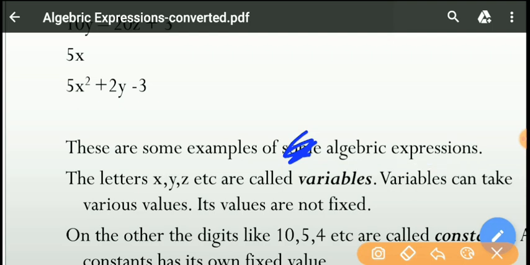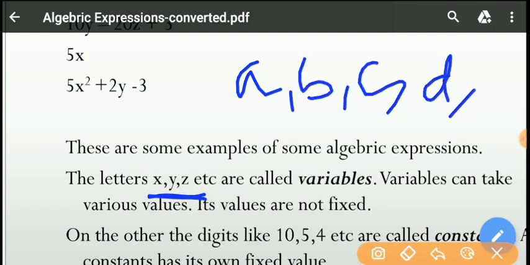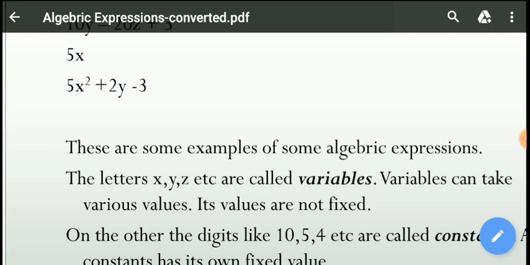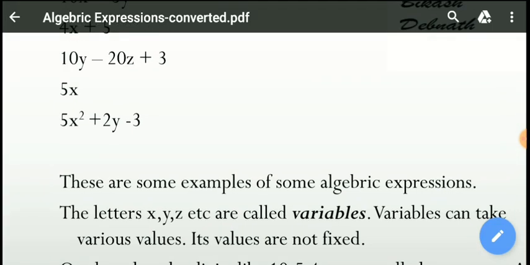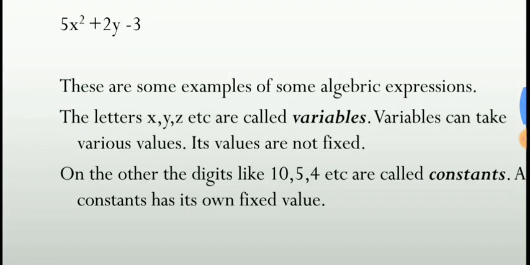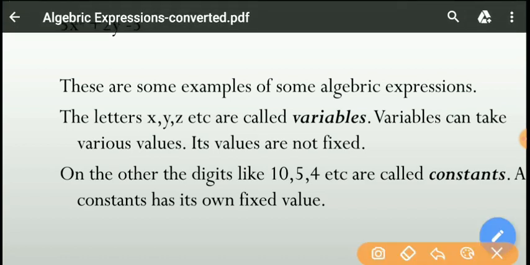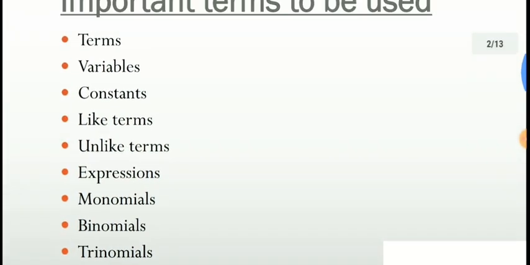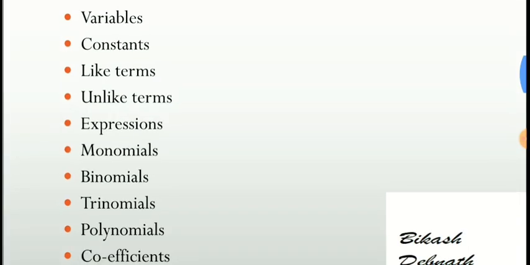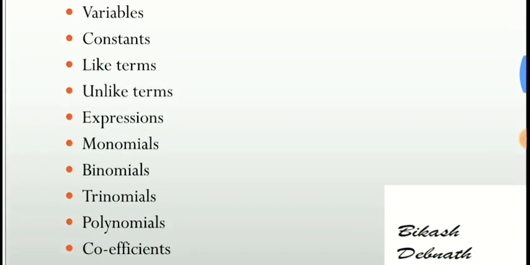So very good. The letters, basically this x, y, z, or you can take a, b, c, d, whatever. Note that we always use lowercase, small letters. That means the letters x, y, z, etc. are called variables. So I told you the terms that we are going to use. The first term that we have got here is expressions, which we have discussed.